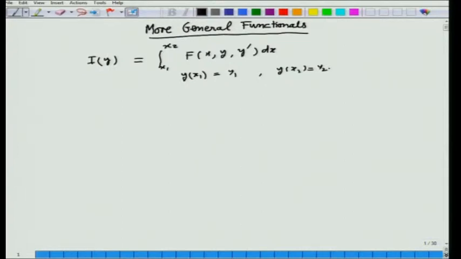Now, we shall consider a more general functional of the type I(y1, y2, and so on, yn).